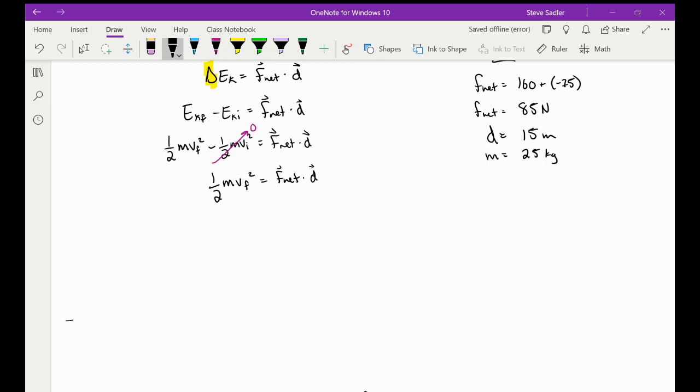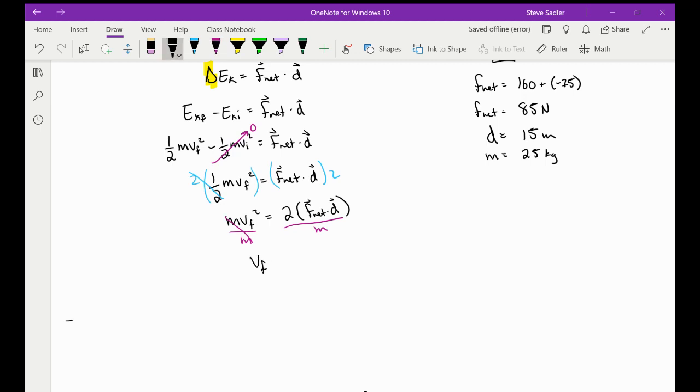And we are trying to solve for the final velocity, so we can do that. Multiply both sides by 2. So that cancels out. And I have m vf squared is equal to 2 multiplied by F net multiplied by displacement. And then I can divide by m on both sides.